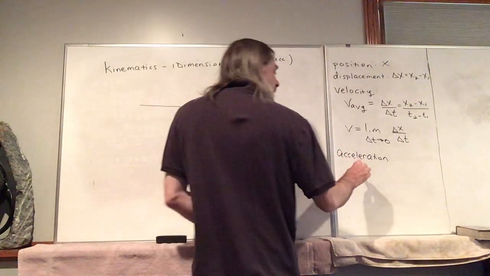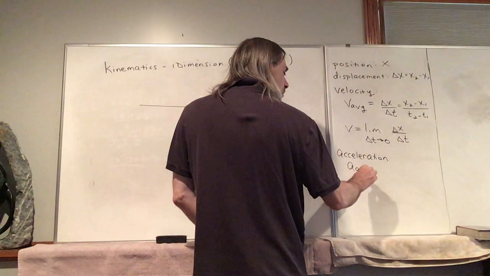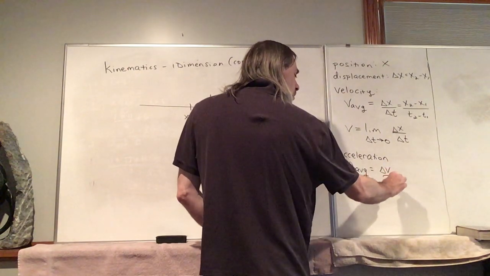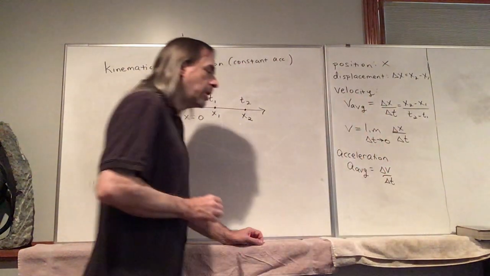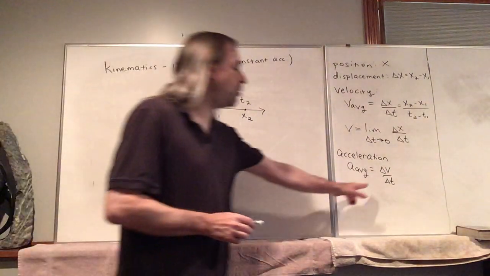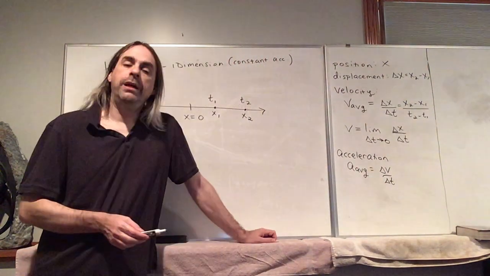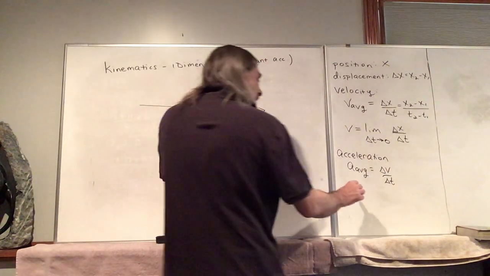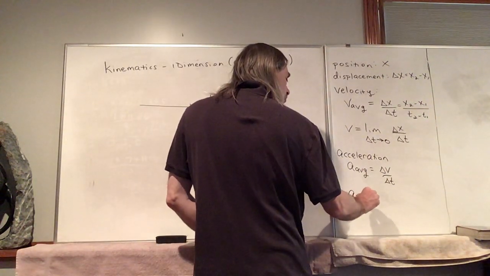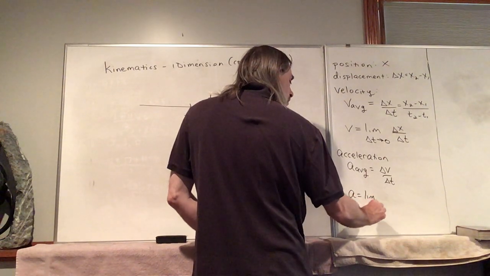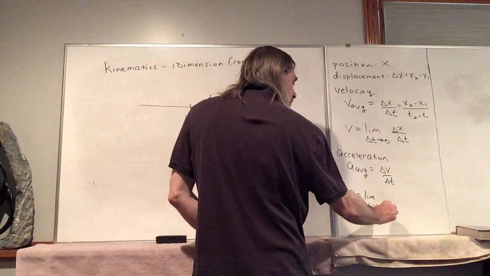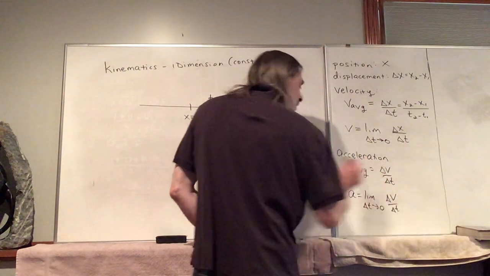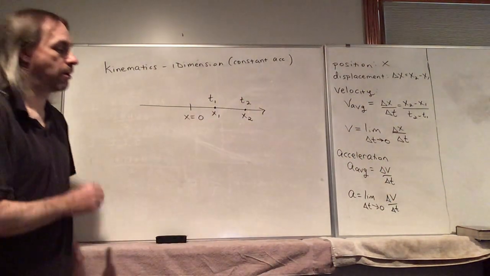So I'm going to define it: the average acceleration over some time interval is defined as a change in velocity over time, and the instantaneous acceleration is the same thing, except we take the limit that time interval goes to 0.